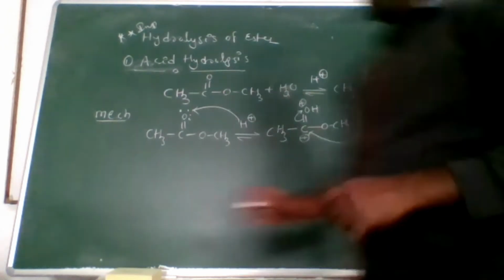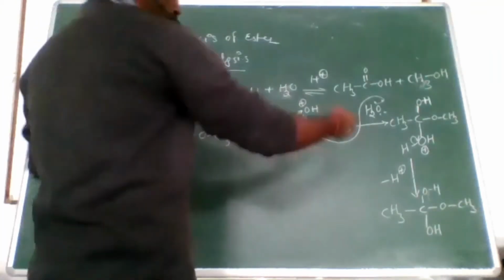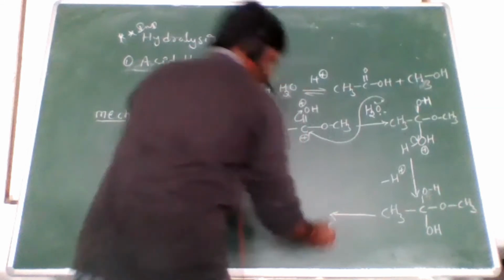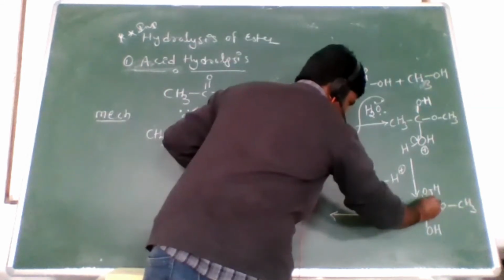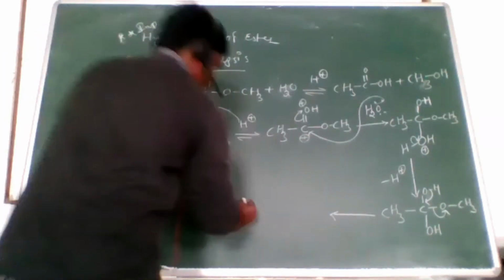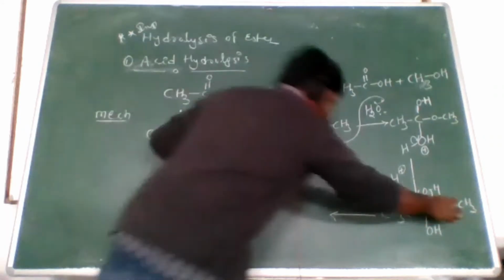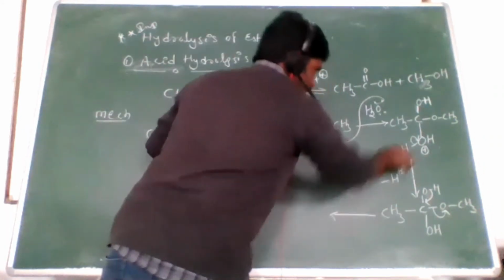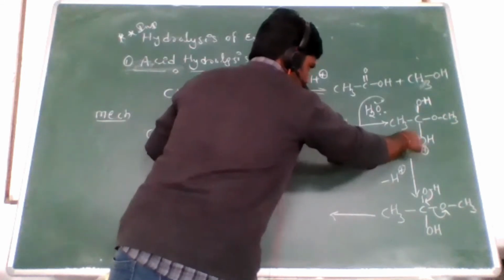Now what happens after the formation of this? Look here, these bond electrons shift inside, and this bond's electrons shift to that side. So finally what will be formed here? Here CH3O, and the H plus is removed, already eliminated in that reaction.